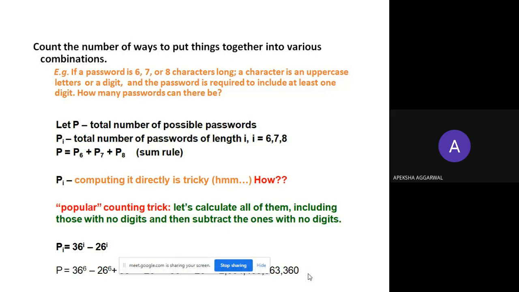Now in this question, you will be utilizing both the sum rule as well as the product rule. The question: count the number of ways to put things together into various combinations. If a password is 6 or 7 or 8 characters long, you have to find out what the possibilities are.